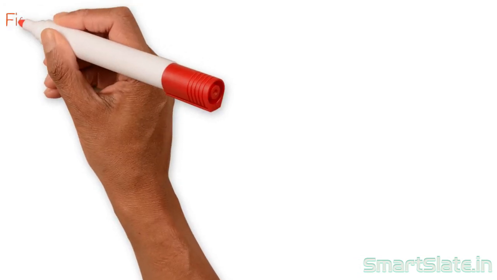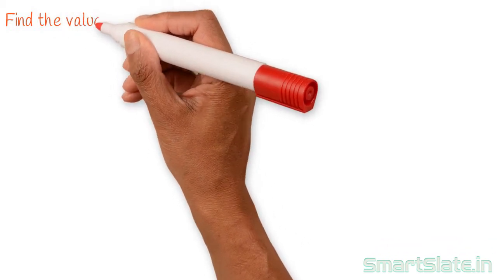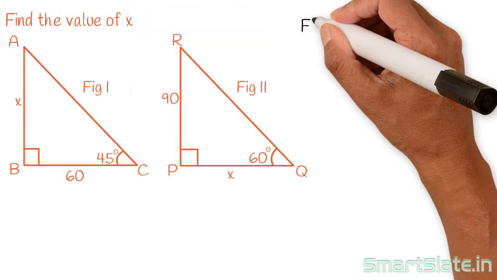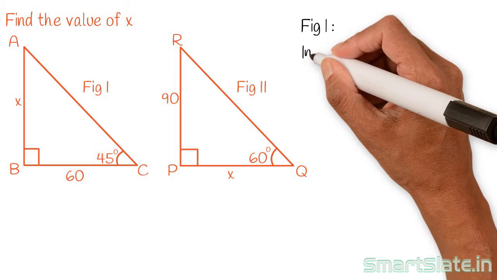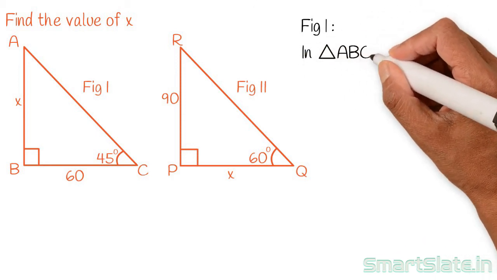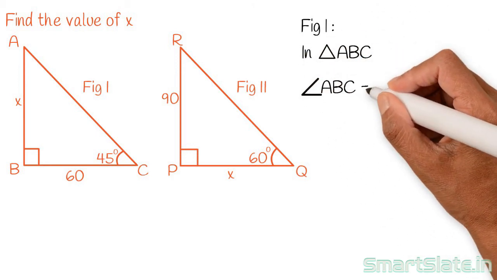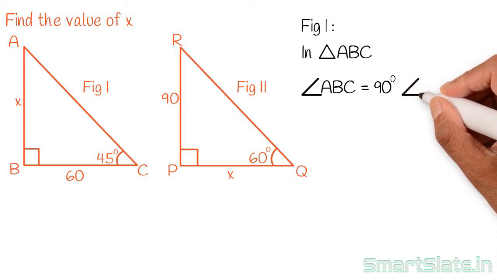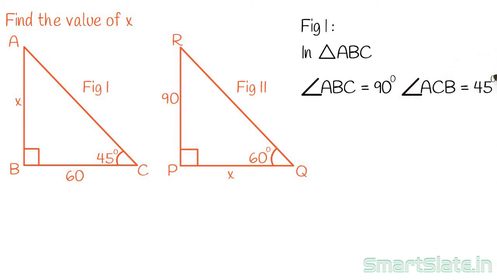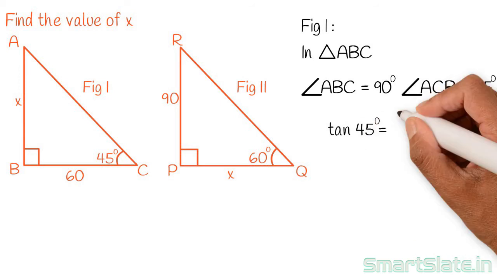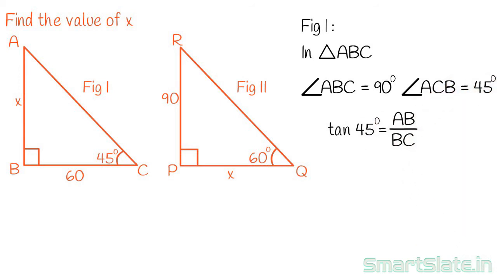Let's solve some problems. Find the value of x in the following figures. Consider the first figure. In triangle ABC, angle ABC is 90 degrees and angle ACB is 45 degrees. Tan 45 degrees is equal to AB by BC. AB is the opposite side and BC is the adjacent side.